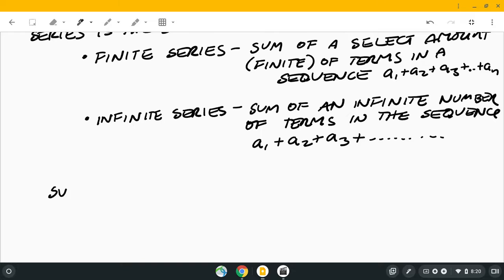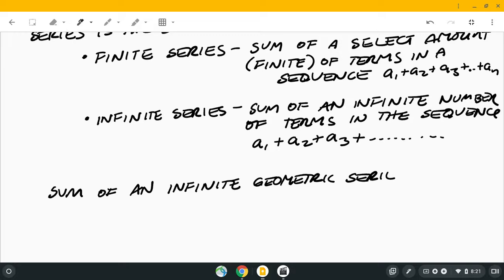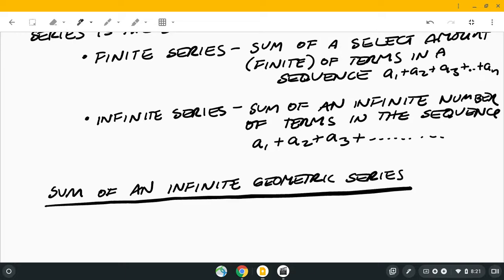Sum of an infinite geometric series. And like I said, it only happens in certain cases.